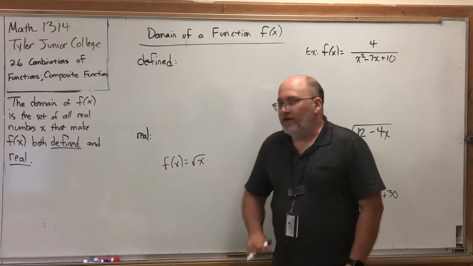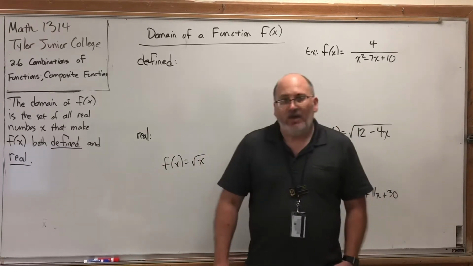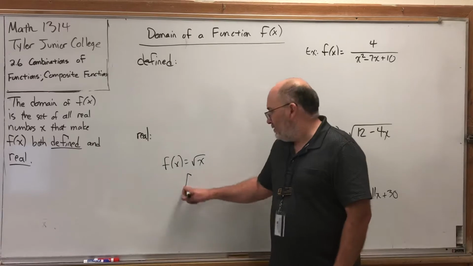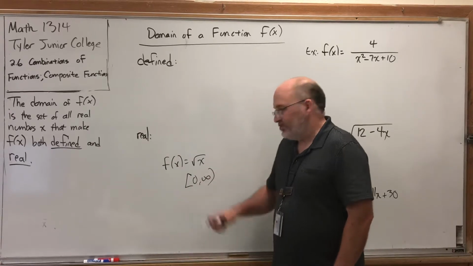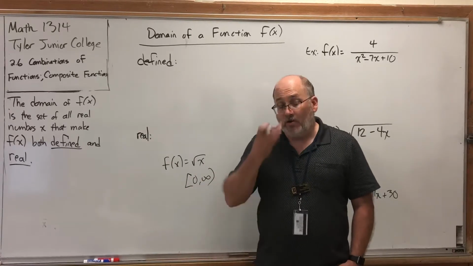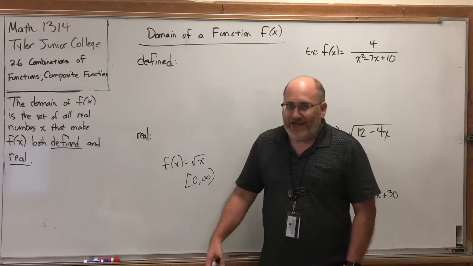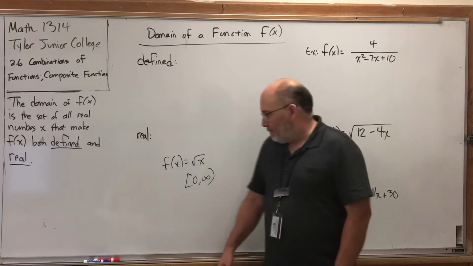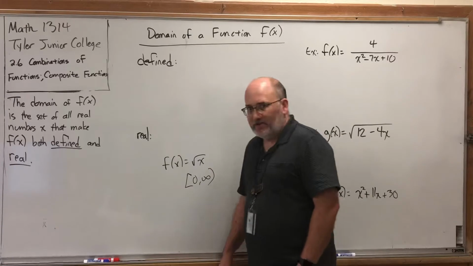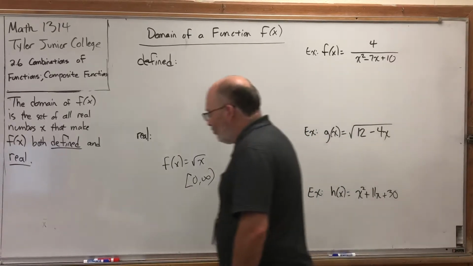Or for the function f of x equals the square root of x, we limited its domain to the interval 0 to infinity, including 0, because we wanted to avoid any outputs that were not real. By square rooting a negative number, it would have given us a complex number that wasn't real.